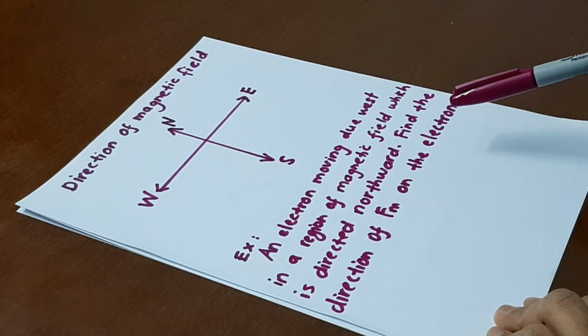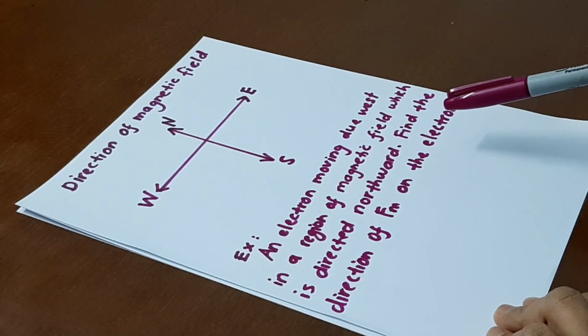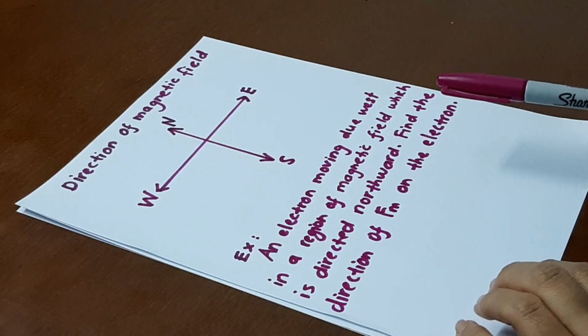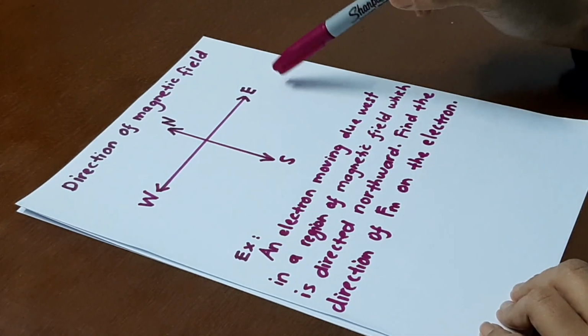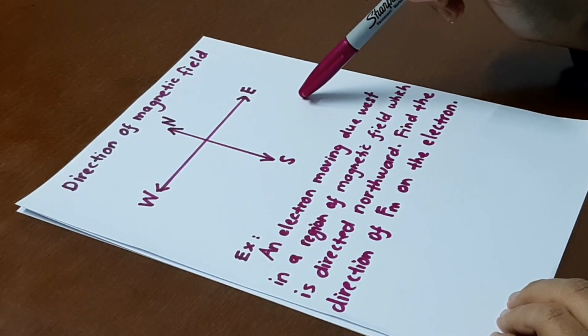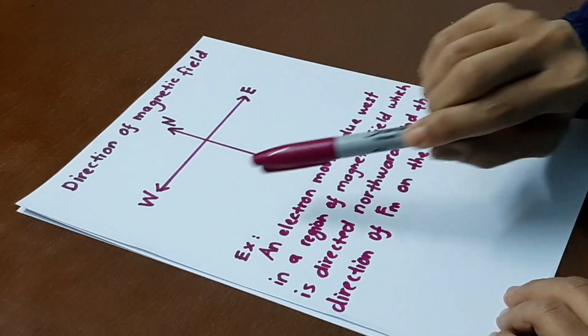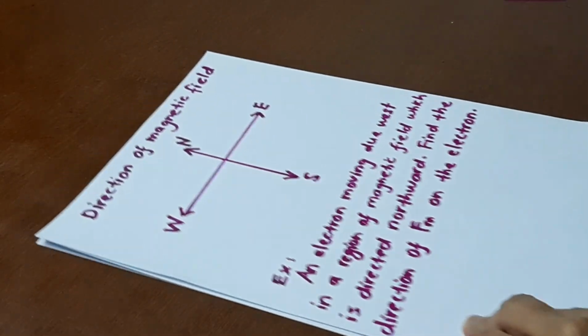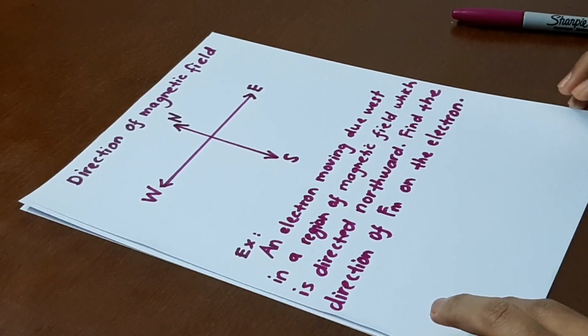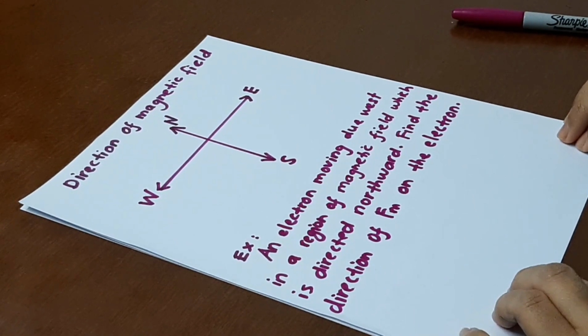In this video, I am going to explain further the direction of magnetic field. The direction of magnetic field can be expressed in terms of the compass directions: north, east, south, and west. Now recall right hand rule number 1 that I explained in the previous video.